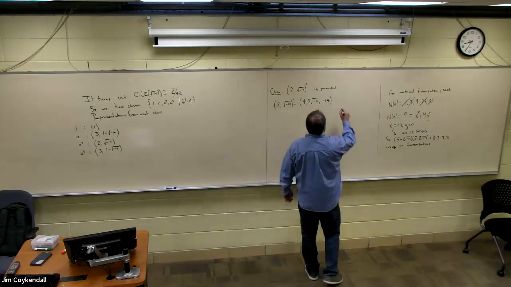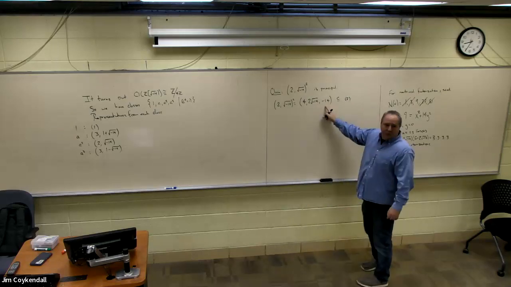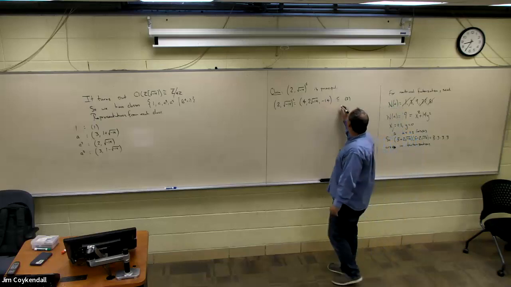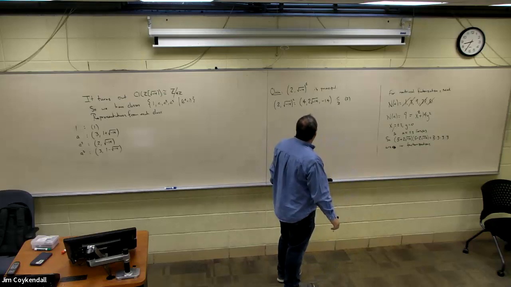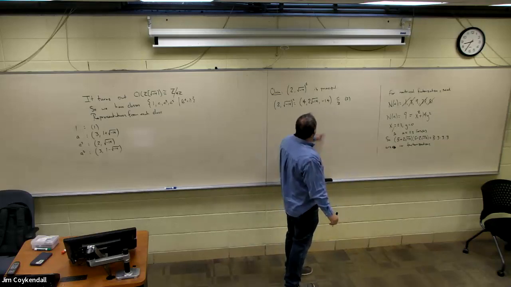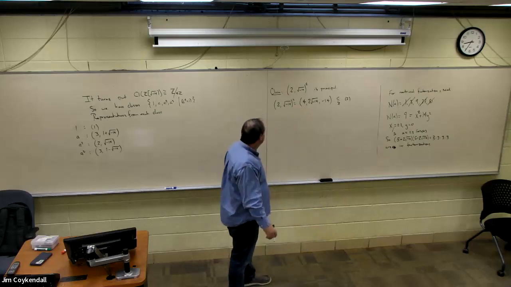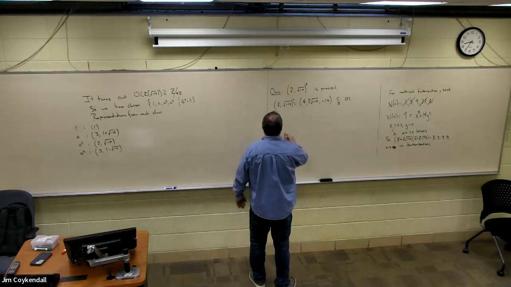It is clear, is it not? The ideal generated by 2, which is the principal ideal, contains it. And it's also clear that 2 is contained in it. Because if I have, let's see, minus this, minus 3 times this, I get 2. Right. So that's fairly easy to see. Claim.